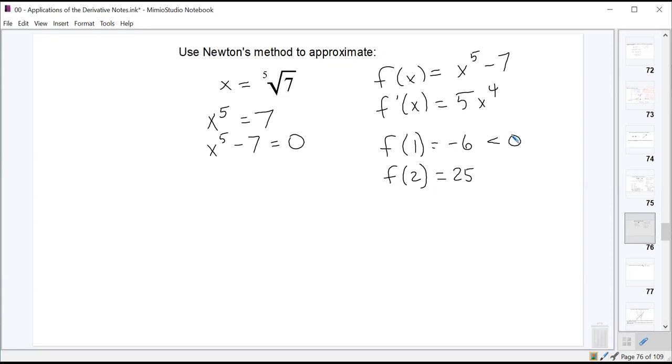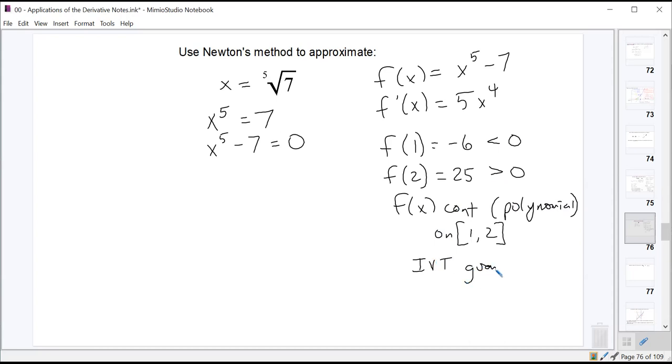We'll note that f of 1 is a negative value and f of 2 is a positive value. And since f of x is continuous, it being a polynomial, on the interval 1 to 2, the IVT guarantees a solution on the open interval between 1 and 2. So we know that we'll probably want to start off with something between 1 and 2 as our initial guess.